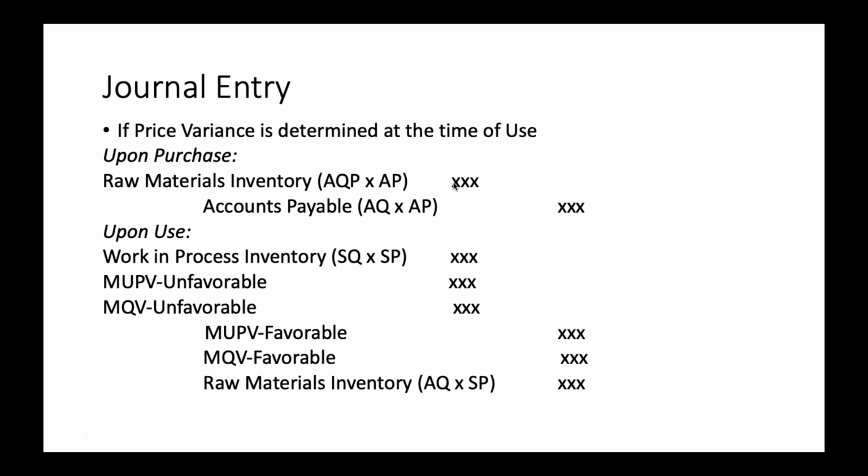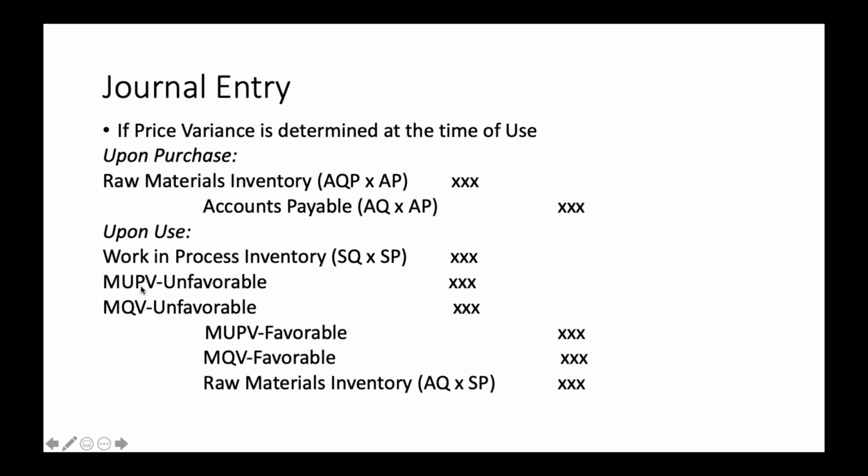And then upon use, we discover that the standard price for the raw materials inventory is either higher or lower than the actual price, then the variance on price will now be recognized in the entry upon use.